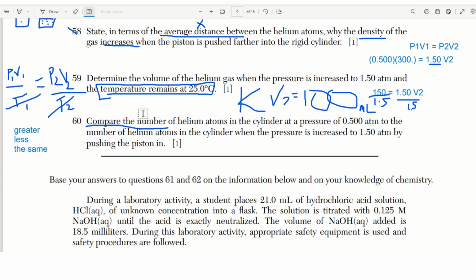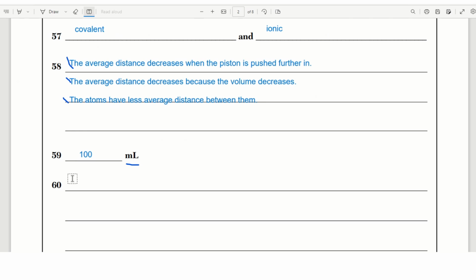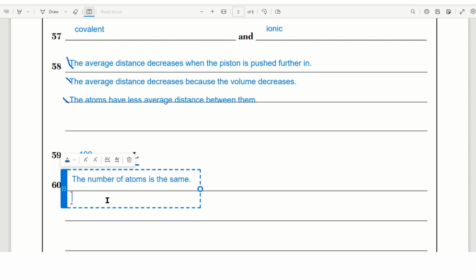So compare the number of helium atoms in the cylinder at a pressure of 0.500 atmospheres to the number of helium atoms in the cylinder when the pressure is increased to 1.50 atmospheres by pushing the piston in. Well, I left the container closed, so this is an easy one. The number of atoms is the same, right?